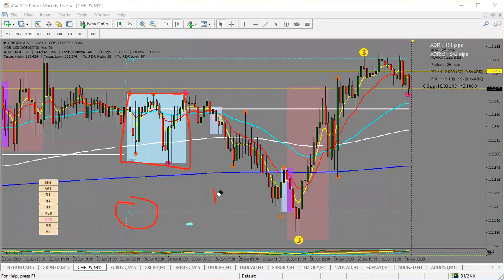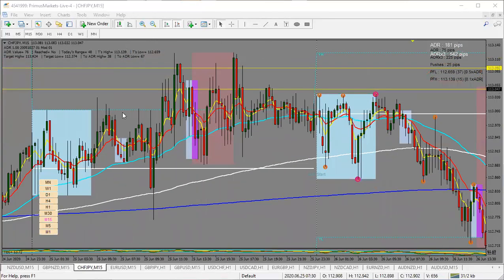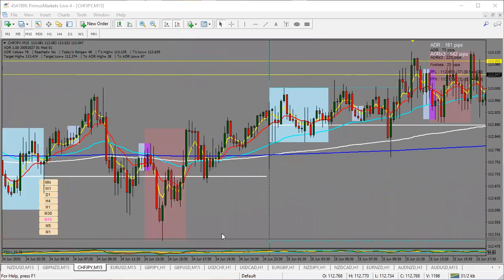When you go up with the pair, this was CHF JPY. I actually traded this pair on this day right here. I took the buy right there, and I went up until somewhere there.